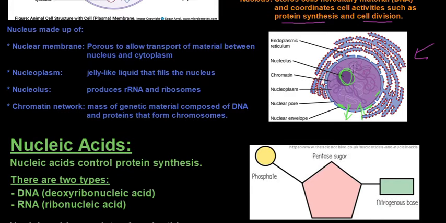And then the chromatin network, this pool of noodle-like structures that you can see inside the nucleus, is a mass of genetic material that is composed of DNA and proteins that will form chromosomes if they condense. So if they condense, they'll form chromosomes.